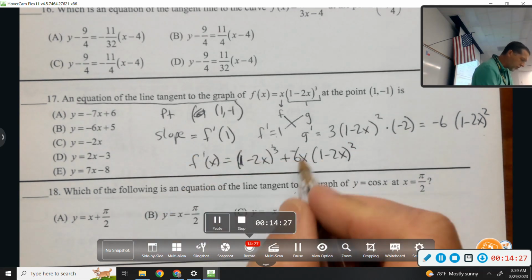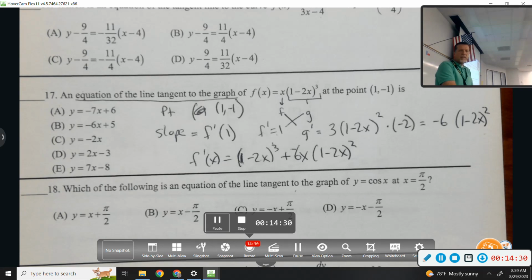So I kind of put that in a cleaner spot. So that problem combined product rule and chain rule. You need a chain rule to get one of the pieces, but then the product rule to put it all together.